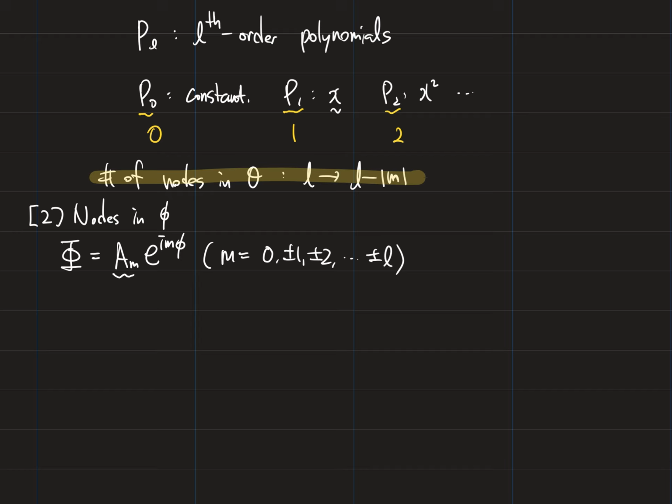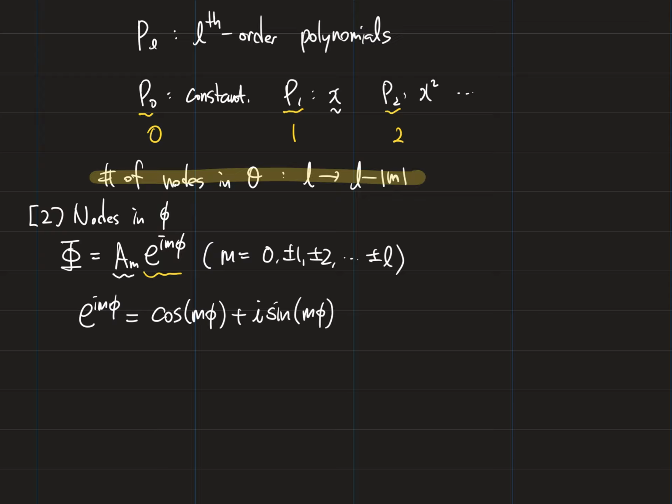But you might think, is there really no node for this function? Some of you think like that because e to the imP, by applying Euler's formula, is basically cosine mP plus i sine mP.